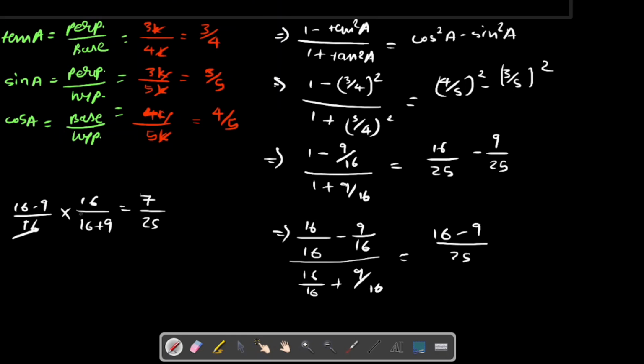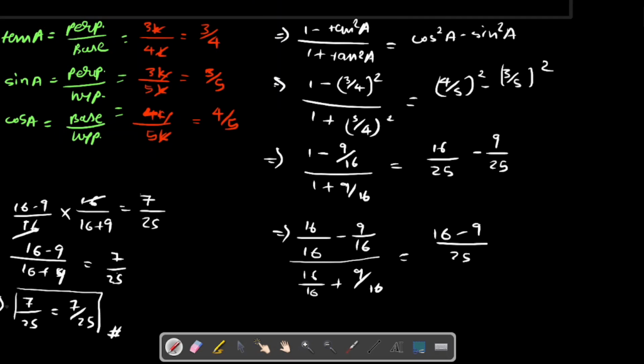Here 16 will be cancelled out, so we are left with 16 minus 9 upon 16 plus 9, equal to 7 upon 25. 16 minus 9 is 7, 16 plus 9 is 25, so 7 upon 25, hence proved. So LHS becomes equal to RHS by putting the values.